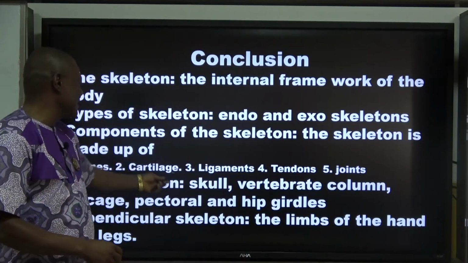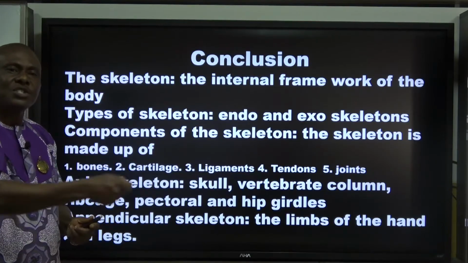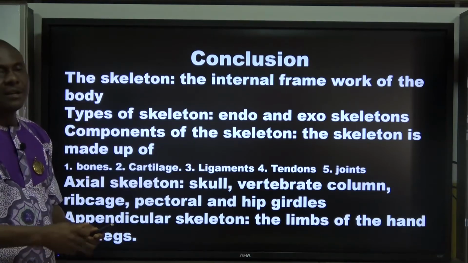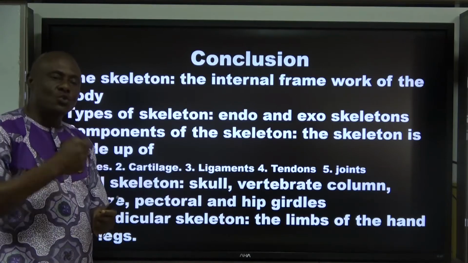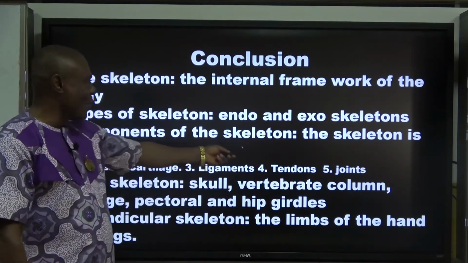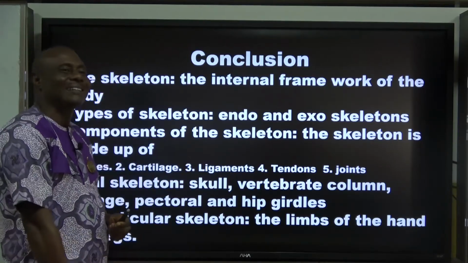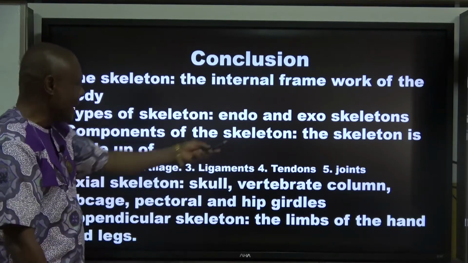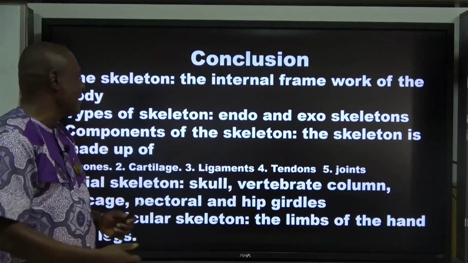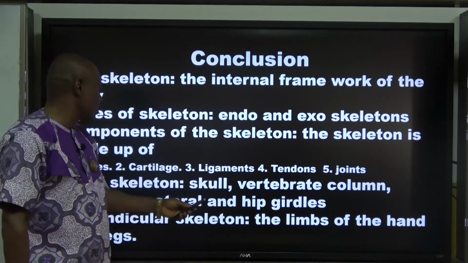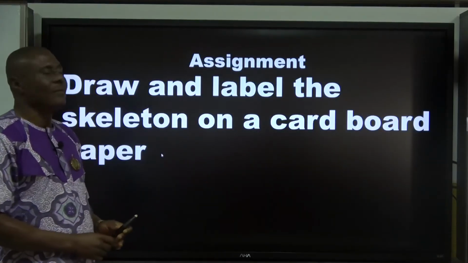The cartilage is a soft tissue that brings about synovial movements of these bones. We said the ligament is a structure that binds 2 bones together at a joint, while the tendons is a structure that attach the muscles to the bones, and the joint is a structure that brings about movement of the bones. So all this we have been able to see.